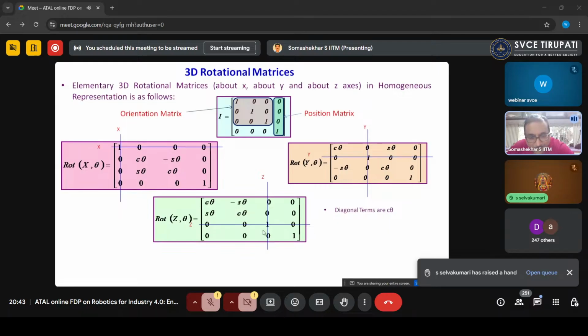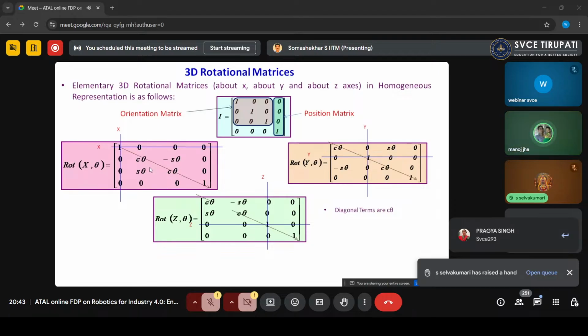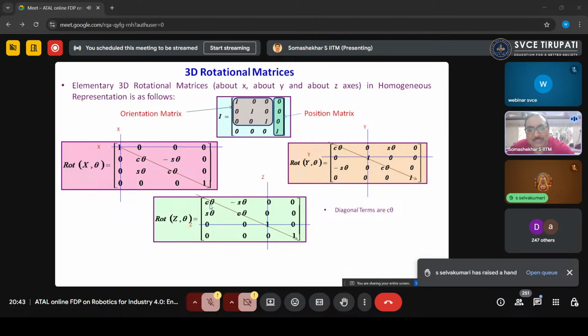For z, draw a line like this and don't fill anything. All diagonal elements are cos thetas. The off-diagonal elements are sin thetas, written with minus 1 raised to k.